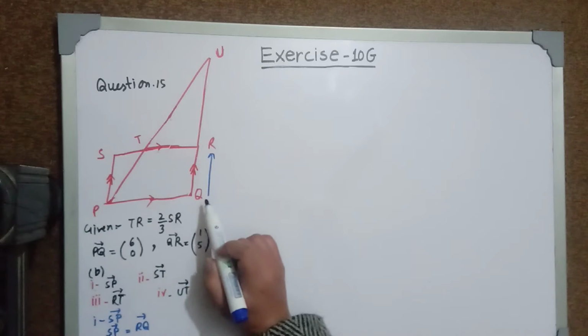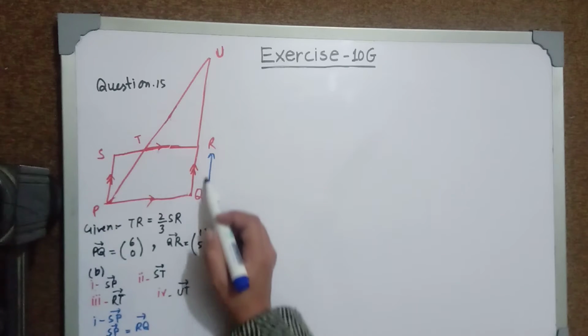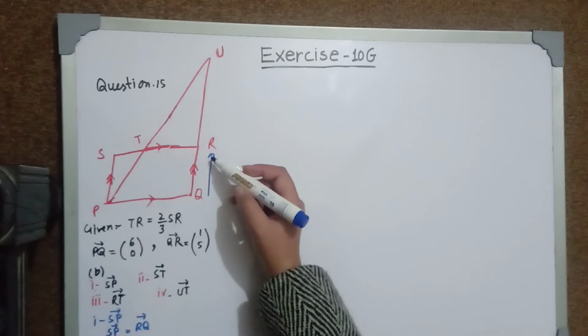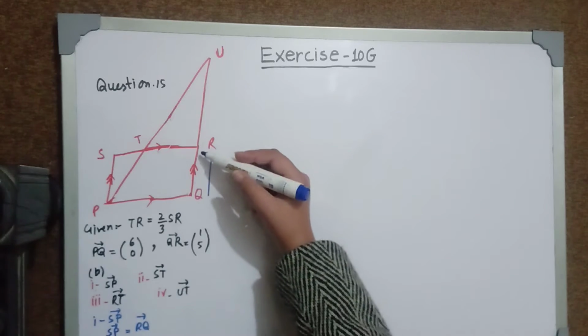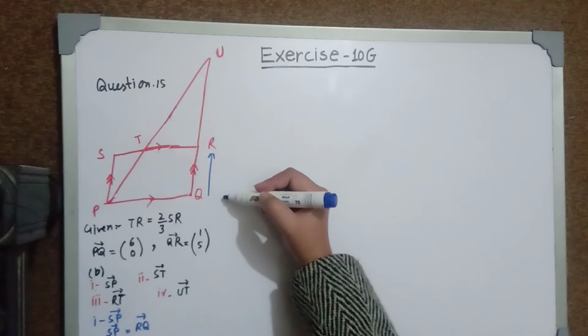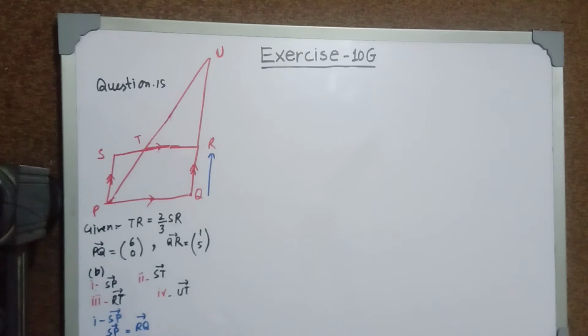I'm going to repeat it again. The direction of QR is from Q to R, and the direction of RQ will be opposite to it. So here RQ will be equal to minus QR, and I'm writing it in terms of QR because I know the coordinates of QR.